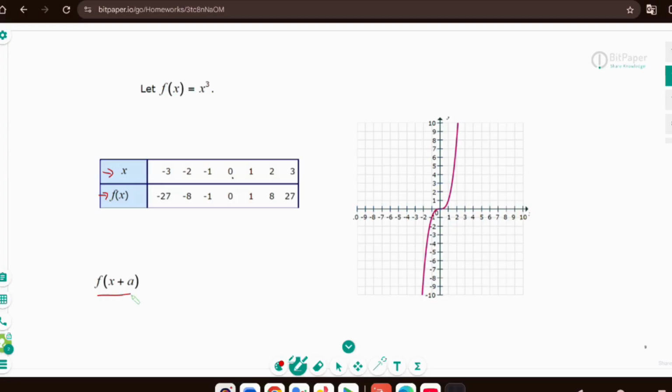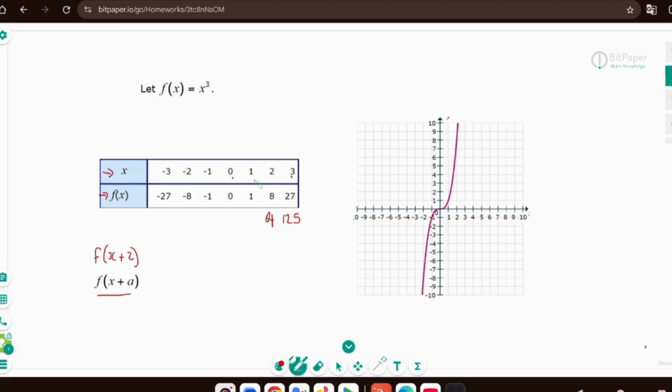So what happens if we, let's say, add 2 inside our function? So we're adding 2 to the x before we cube it this time. Before we were just adding the numbers onto the end. Okay, so here we'd have 3 add 2 is 5, 5 cubed 125. Here we've got 2 plus 2 is 4, 4 cubed is 64.